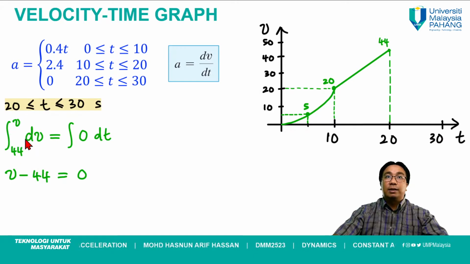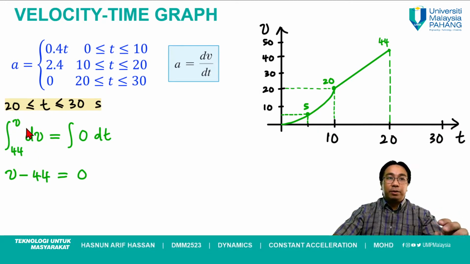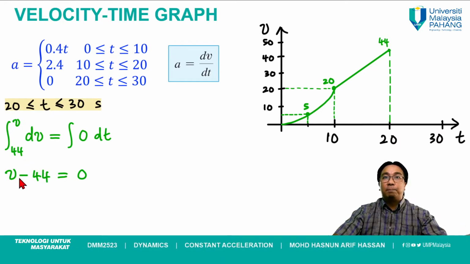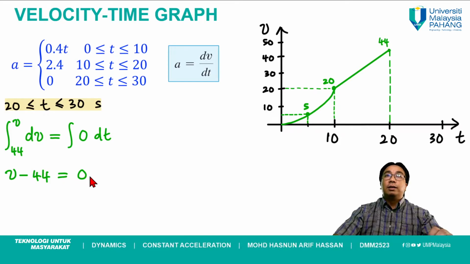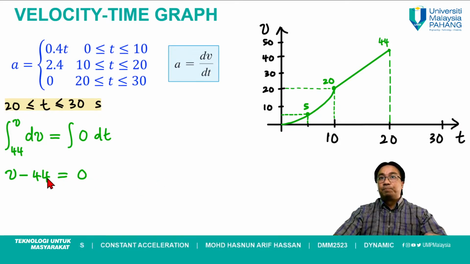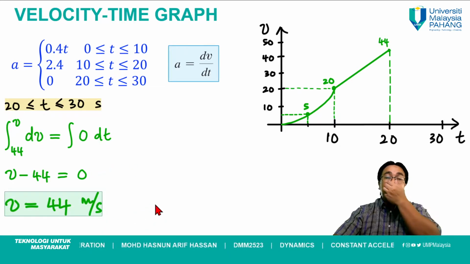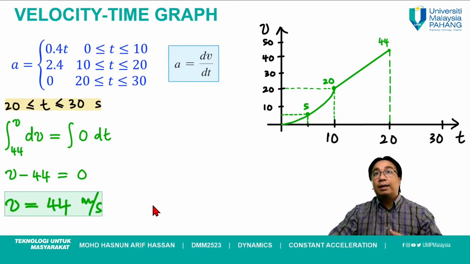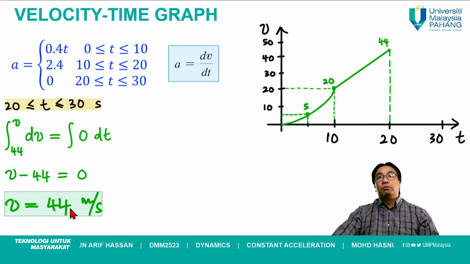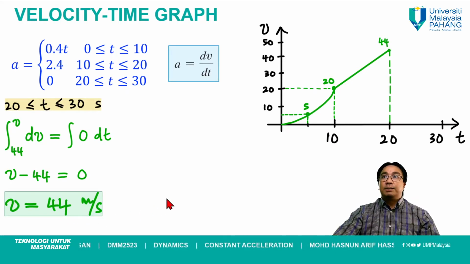Okay, you integrate dv, you akan dapat v. Substitute the upper limit v minus substitute the lower limit 44. So, dapat v minus 44 equals to 0. Okay, sekarang kita rearrange sikit. Kita akan dapat untuk fasa yang terakhir, v is equal to 44 meter per second.